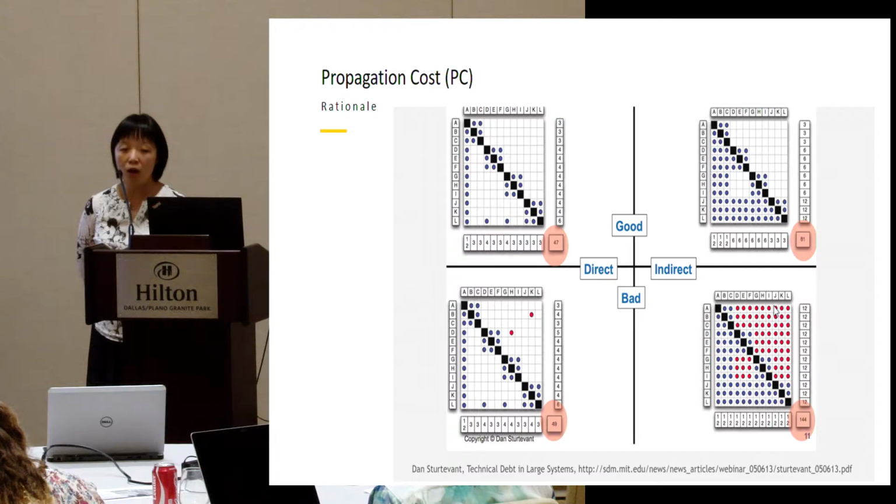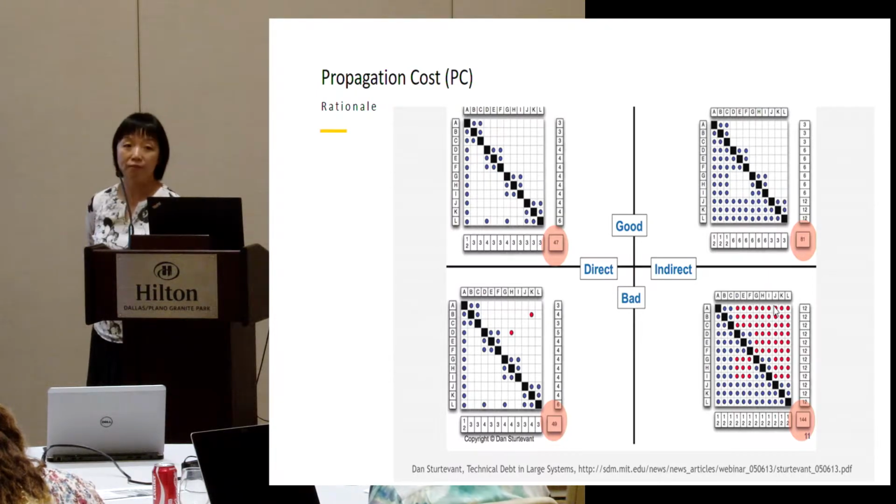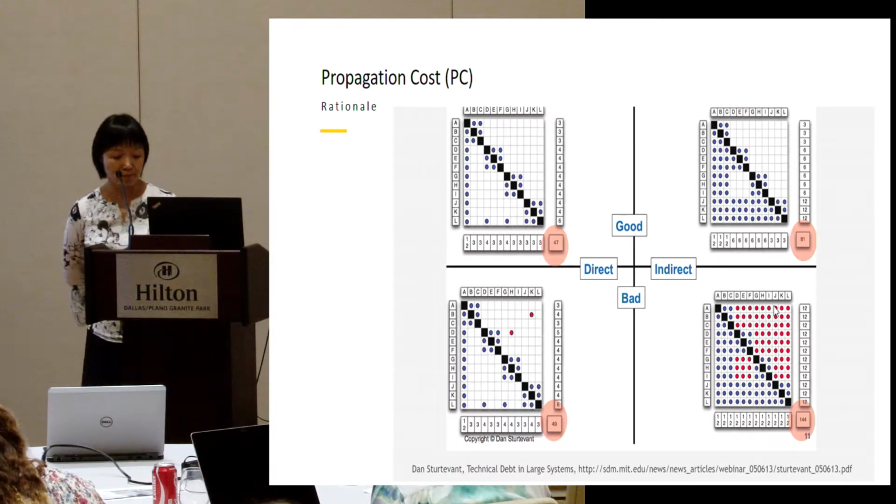And one limitation of propagation cost is that it's very sensitive to the size of the system. Right, as you can imagine, because the denominator of PC is the number of files squared. Okay, so a small change in the number of files will influence the PC significantly.